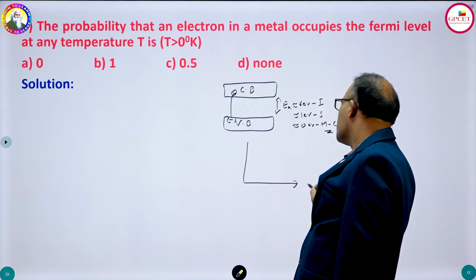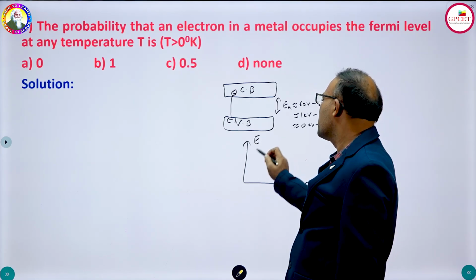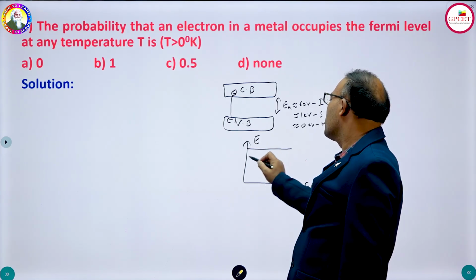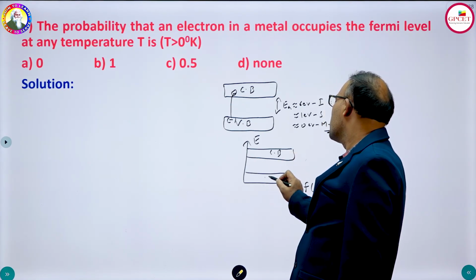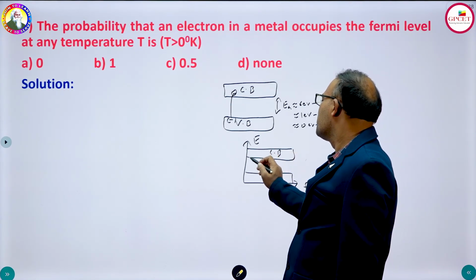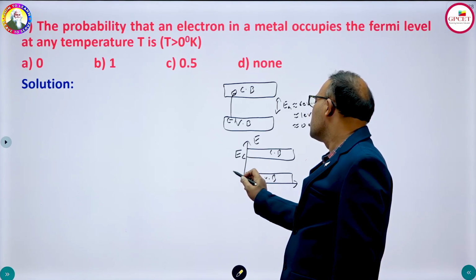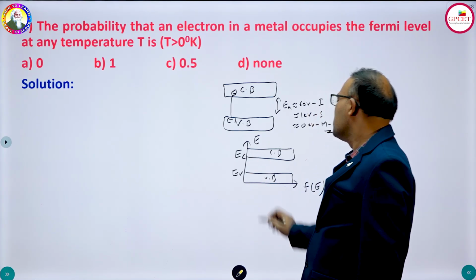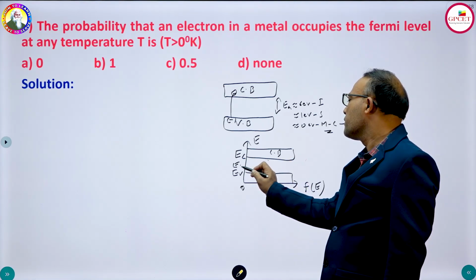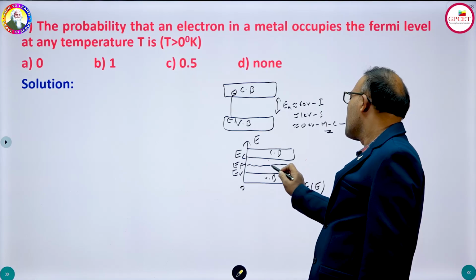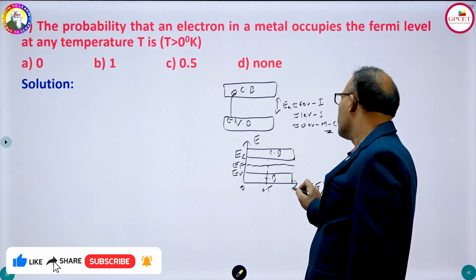You can observe here f of E against the energy level. Here we have the conduction band, here we have the valence band, this is EC, this is EV, this is 0, and this is the Fermi level EF. Here it is occupied with 0.5, and here it is occupied with 1.